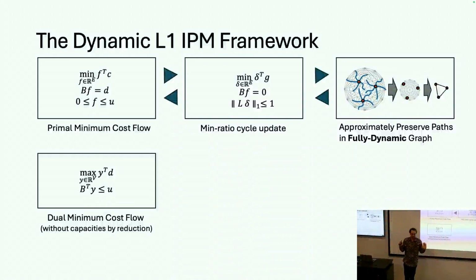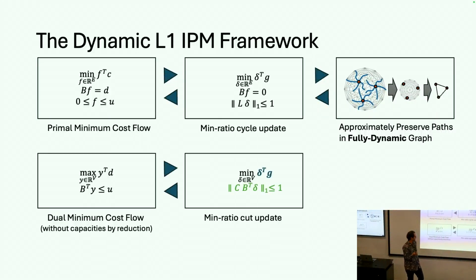So this gives sort of the second part of the framework, where instead of primal minimum cost flow, we solve dual minimum cost flow. Don't necessarily try to parse this LP. This LP is a bit different to what I just told you because it solves minimum cost flow instead of minimum cut. But think of minimum cut for this talk.